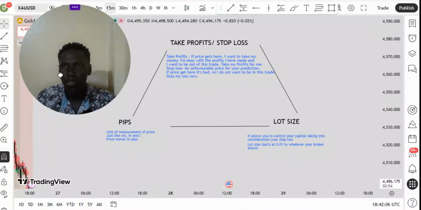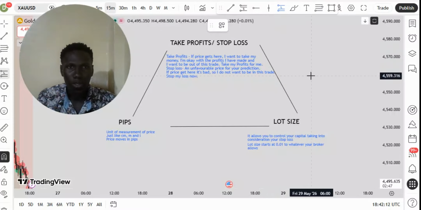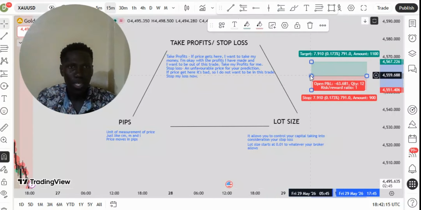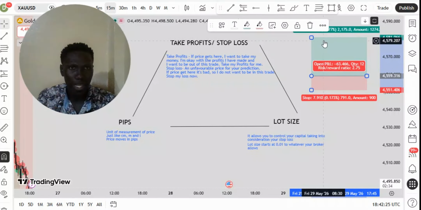Let me show you what the stop loss and take profit look like. Let's see, you are predicting that the price is going to go up. So here, when price is at 4,559, you think the price is going to go up. This green side is the profit.